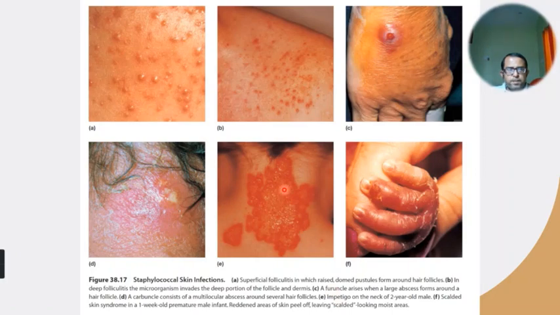Then impetigo, which is a contagious disease. Any healthy person who comes in contact with such an infection may have it transferred to them. This is another, scalded skin syndrome, where the skin of the child peels because of the production of a specific protein, exfoliatin. So these are the various Staphylococcus skin infections caused by Staphylococcus aureus.